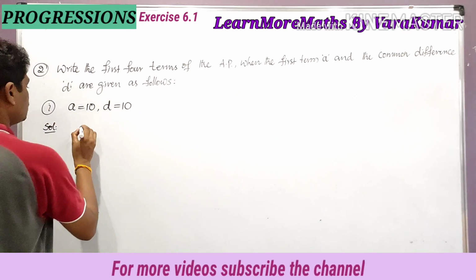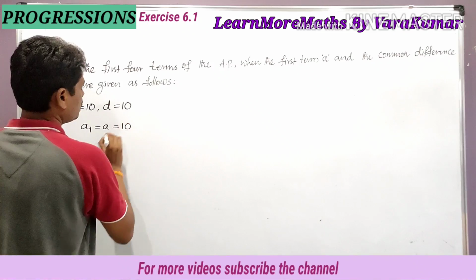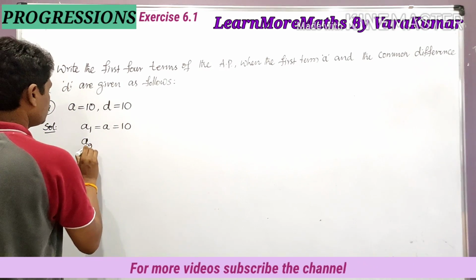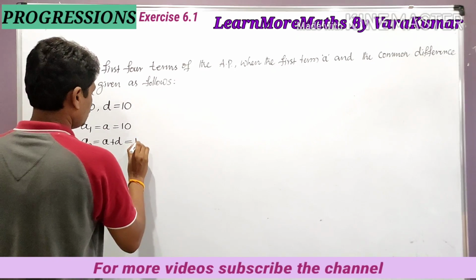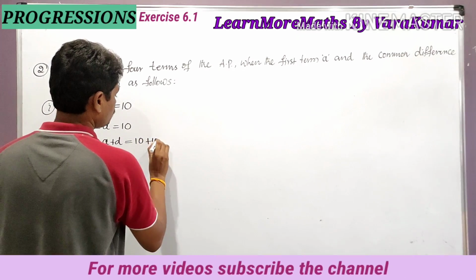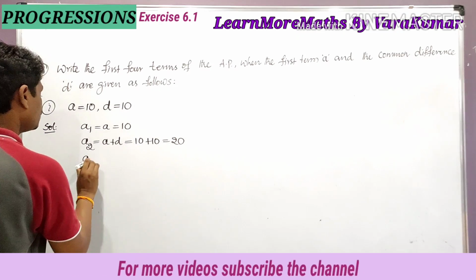So the first term is a1 itself. a1 is equal to a, that is 10, student. The second term is a2. a2 is a plus d. a is 10 and d is also 10, that is 20. And the third term is a3.